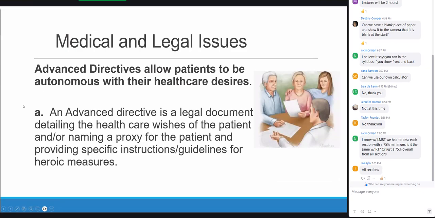An advance directive allows patients their autonomy and informs healthcare providers of their wishes if it comes to life-saving or heroic measures.